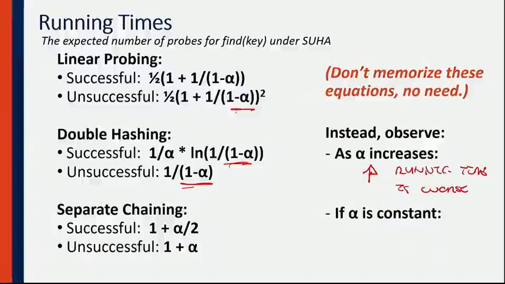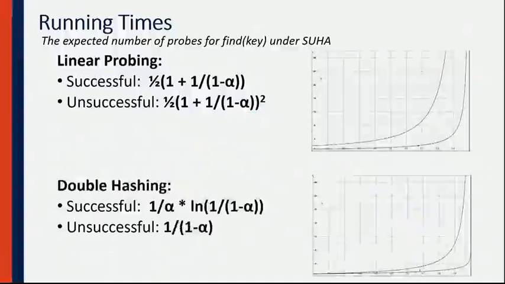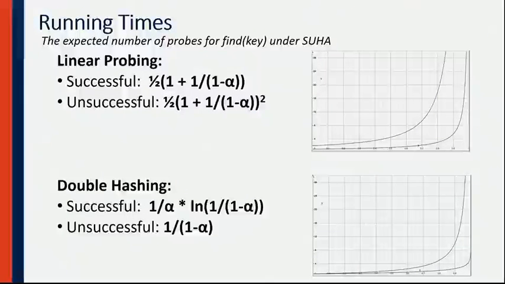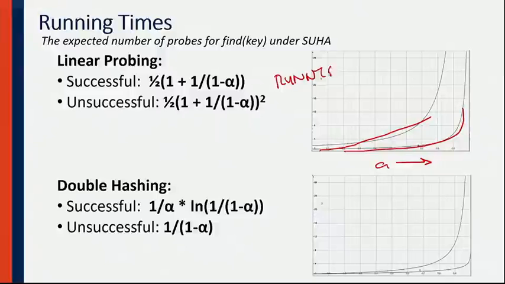And I don't have an intuition of exactly how these functions work, so I went ahead and graphed these functions so that we can actually see a graphical implementation of these functions. Using the graphical representation, I can see the load factor with linear probing shows that there's an absolutely small amount of running time as we go up alpha. So alpha here is on the x-axis. As we increase alpha, running time is here on the y-axis.